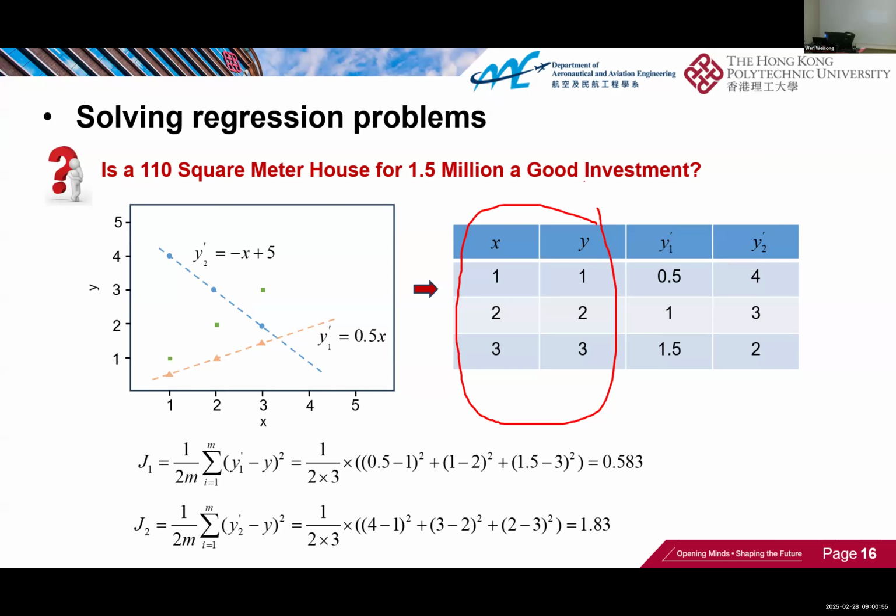So 4 is coming from negative X plus 5. In this case, if you calculate the squared distance, this one is 1.8. It means the first model is much better because the squared distance is much smaller. So this is a toy example. Okay, it's clear?